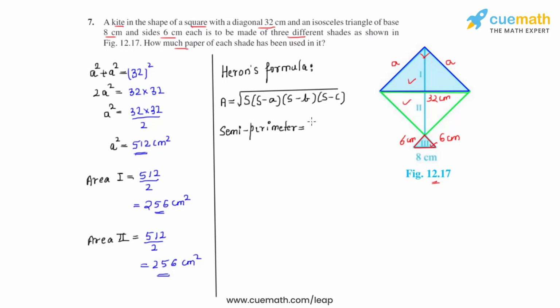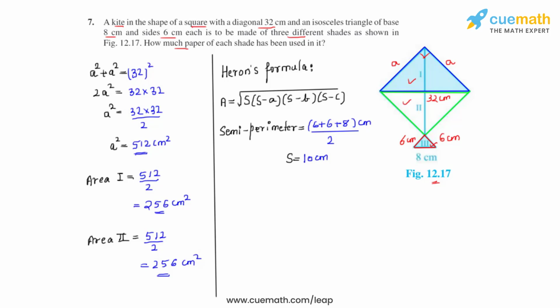So we add 6 plus 6 plus 8 centimeters, and let's divide that by 2. On calculation, we get the semiperimeter s of the triangular region to be equal to 10 centimeters.